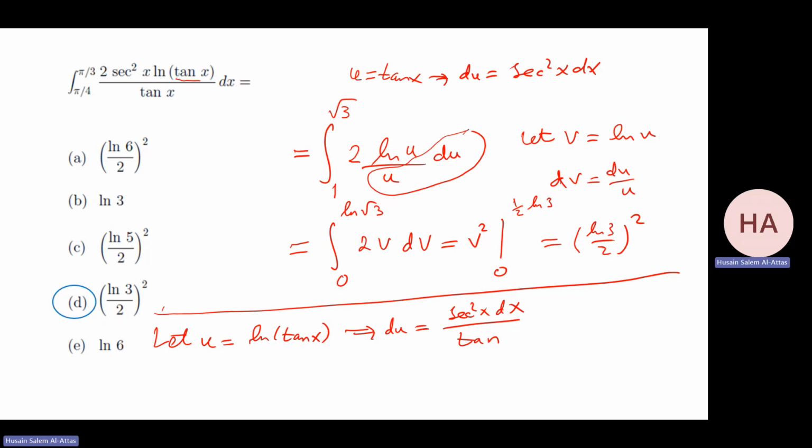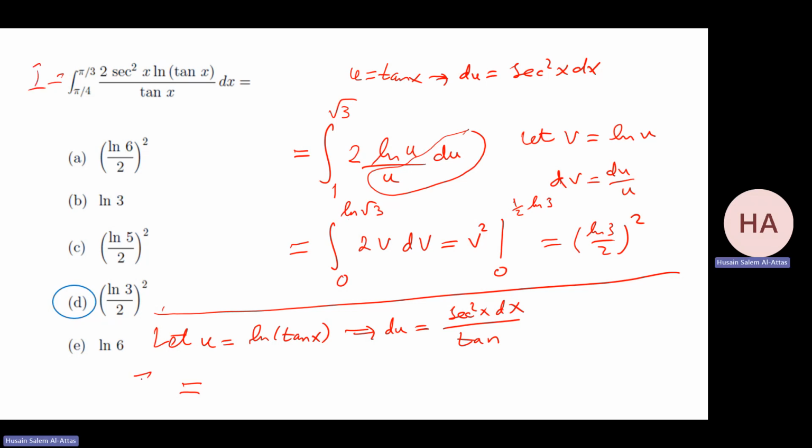Now du is all of this. This is my du. So that means what? That means the integral now will be what? The integral I, let me call it I.